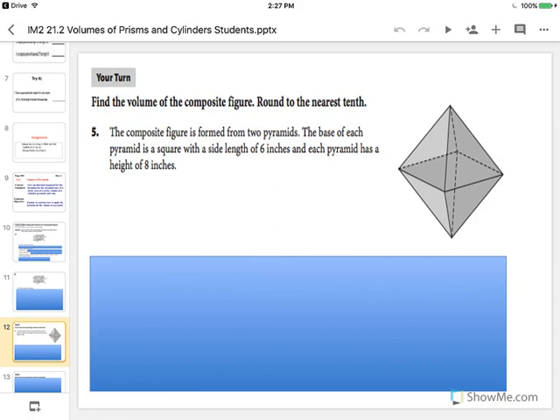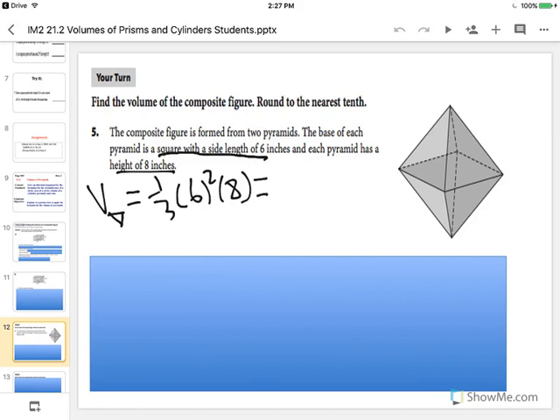When you read this, make sure you're looking for those clues. The volume of one pyramid is 1/3 times 6 squared times 8. Use your calculator to work this out, which gives us 96 inches cubed.